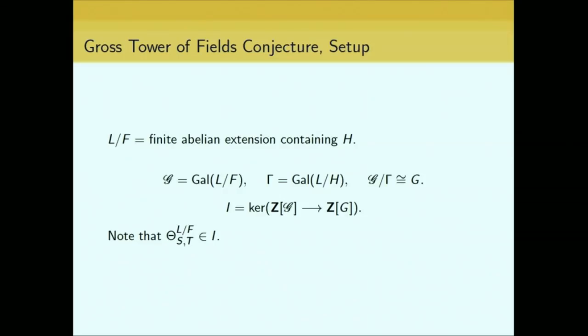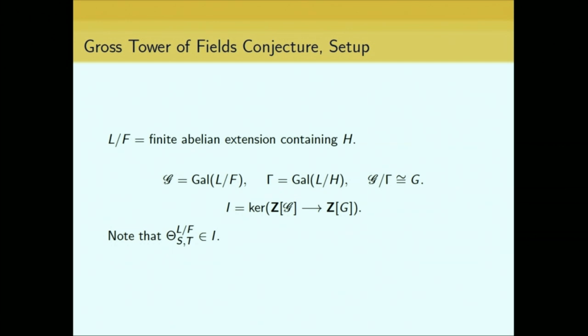I say, note that if I take theta sub S associated to L over F, that lies in the augmentation, because the reduction of theta S modulo I, theta S of L over F mod I, that's in Z bracket G. This is just by functoriality of the L function, that's theta S of H over F. And that's 0 since P and S splits completely in H. So the Euler factors at P for all the characters are 0.